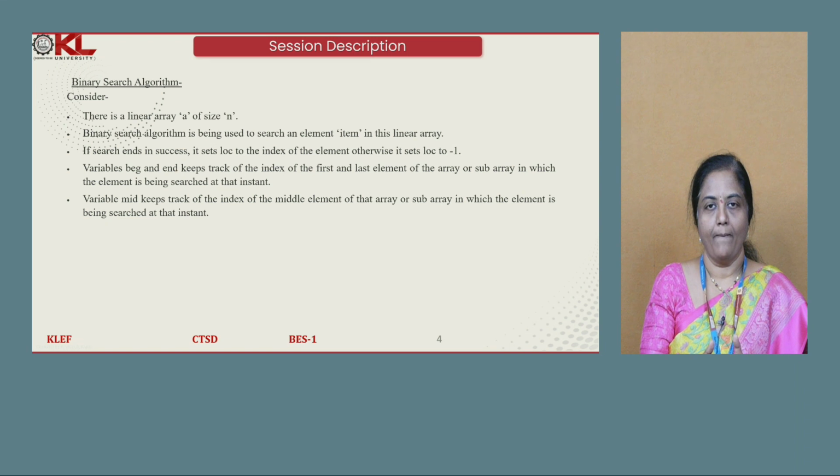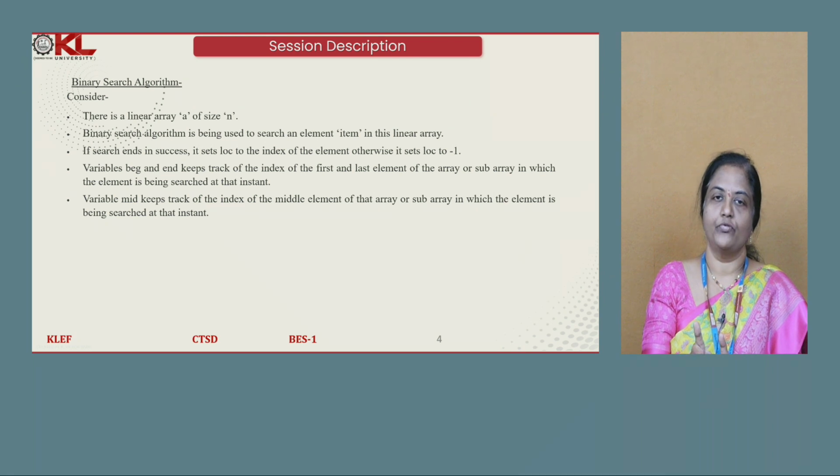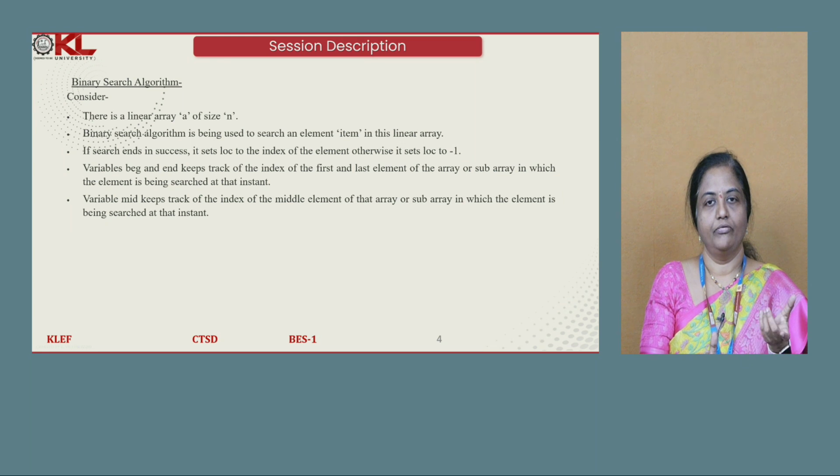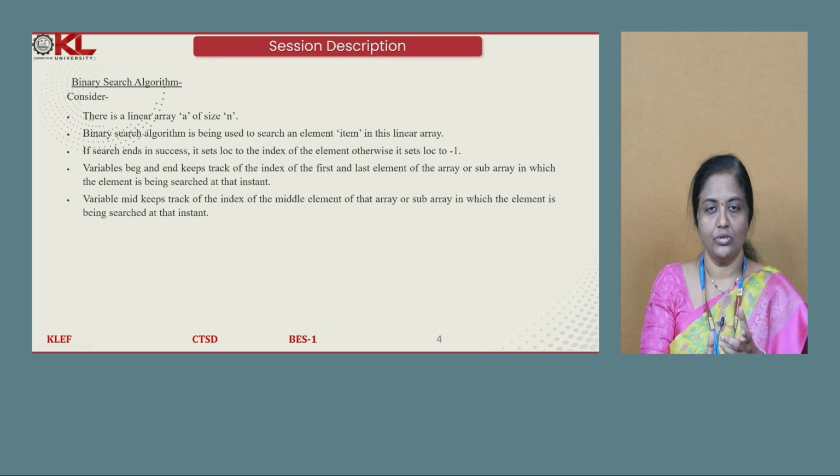Do you understand? If the element is less than the middle value, ignore all the values from middle to the end. Only consider first to mid minus 1; the middle is not required. And repeat your searching process over this.